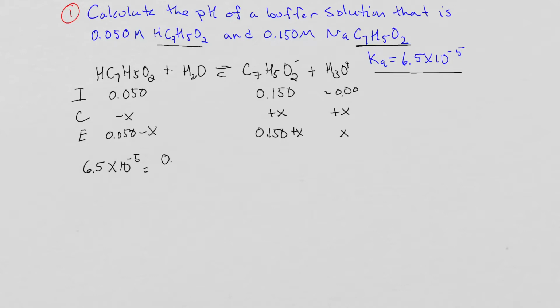So 0.150 plus X times X over 0.050 minus X. Now, just like all of these acid-base problems that we've been doing, we're usually going to be pretty safe here. And again, making that extra small approximation. You can see even here that we have multiple orders of magnitude between our Ka value and our initial concentration. So we're going to go ahead and do that.